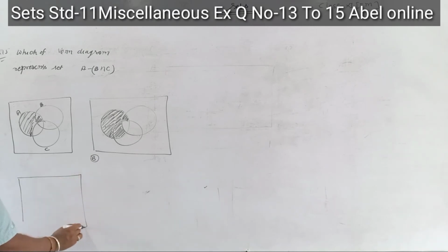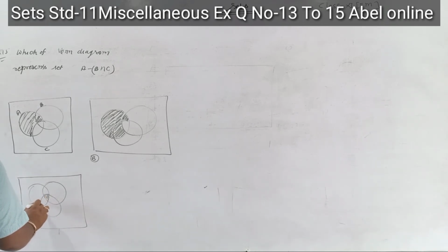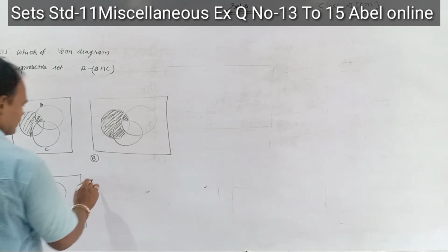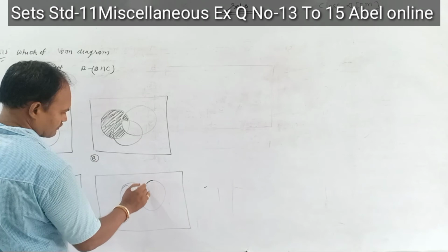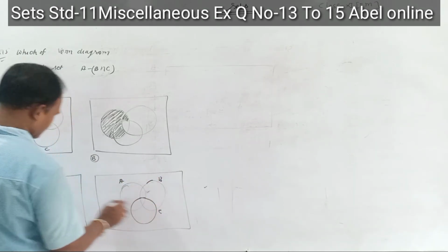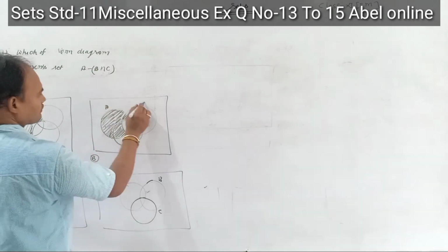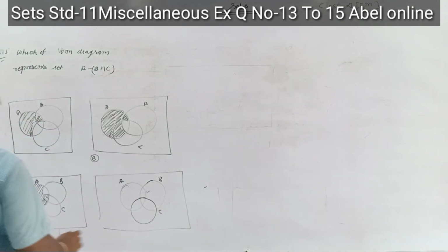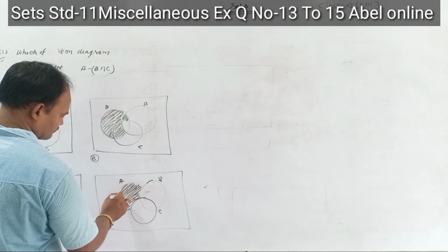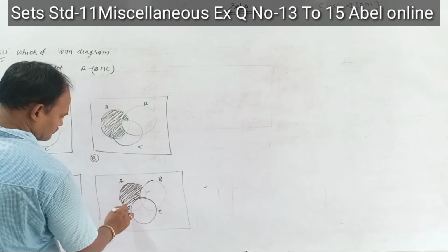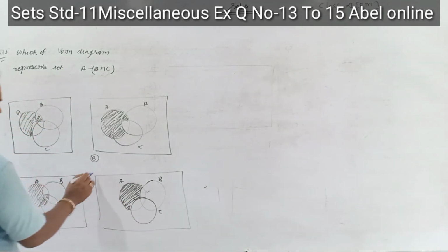C is, and D is. What is the D? D is this, the A, B, C, and this is your D option.